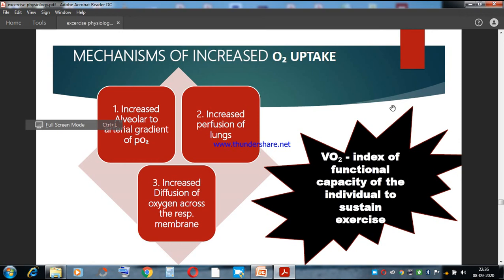Now, this uptake of volume of oxygen is the index of functional capacity of the individual to sustain exercises. So, up to what duration the individual can sustain exercises depends upon this increased oxygen uptake. So VO2 or increased oxygen uptake is the index of the functional capacity of the individual to sustain the exercises.